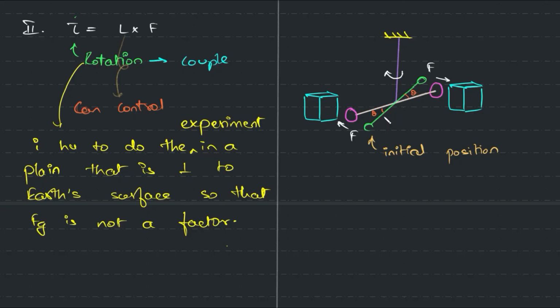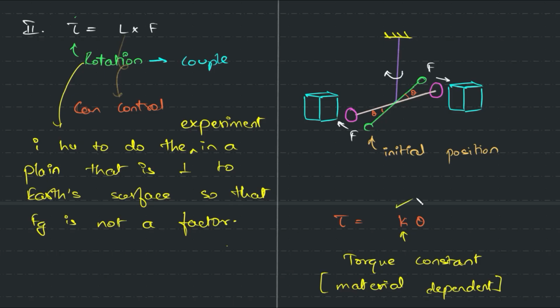So if I figure out this theta, I just have to multiply it with your torque constant. This is a torque constant. It's a material property. This is material dependent. So this we know, this we can measure.